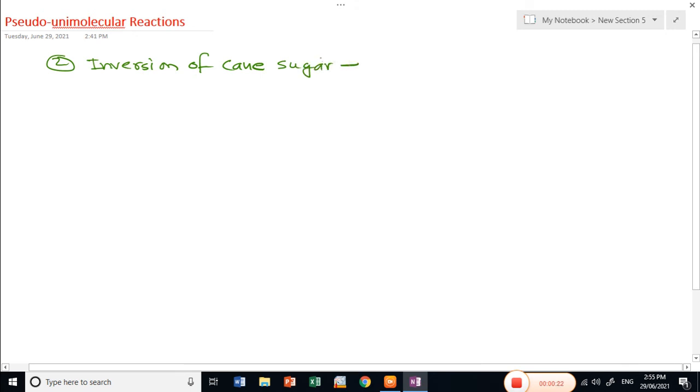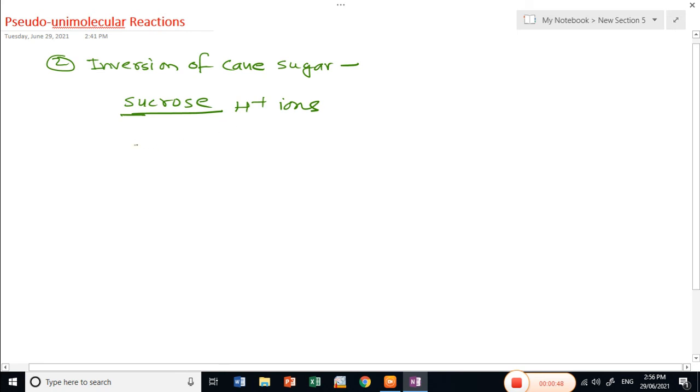Okay, so inversion is also termed as hydrolysis of sucrose. So cane sugar is known as sucrose. Okay, so the inversion or hydrolysis of this sucrose in presence of H plus ions as catalyst can be represented as follows.